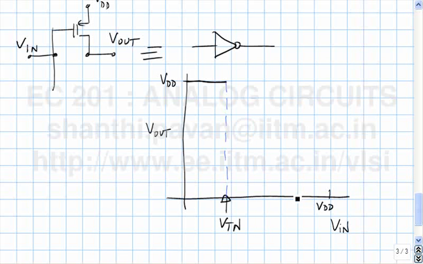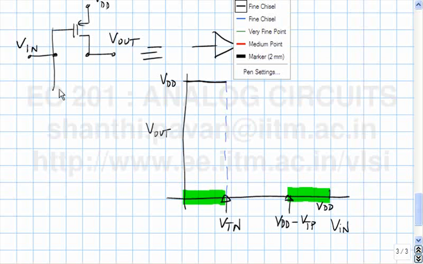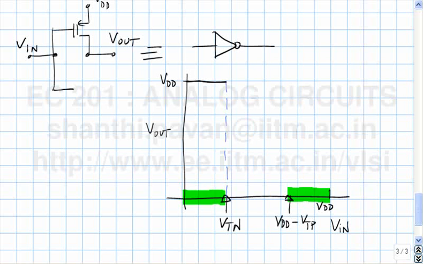By the same token, if the input voltage exceeded VDD minus VTP, what do you think will happen? We have finished this region. We are now trying to attack this region. What happens now? The PMOS is cut off, and now the circuit looks like this.